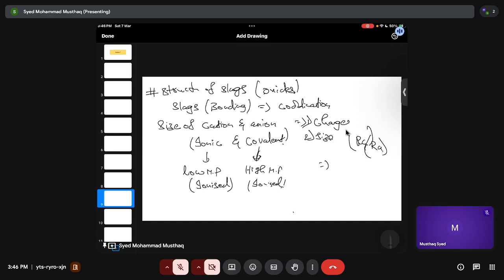So what the cation tries to do in a crystal or a unit lattice is get surrounded by as many anions as possible, right? So if my cation size is big, I can accommodate more anions around it, right? So that's why if my RC by RA ratio is, let's say, 0.732 to 0.414, I will have more anions surrounding my cation, right? So that's what happens.